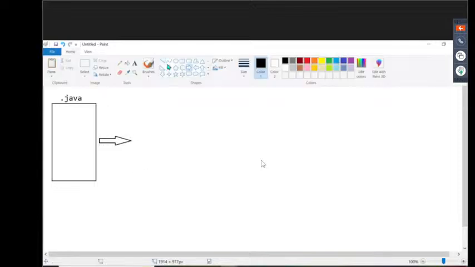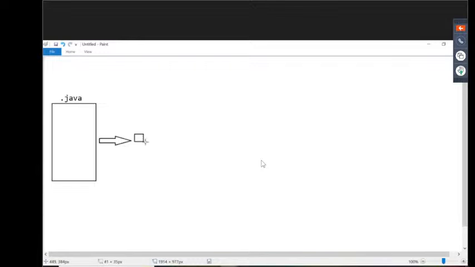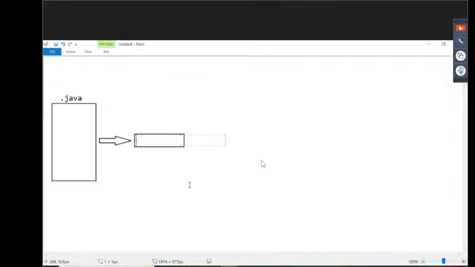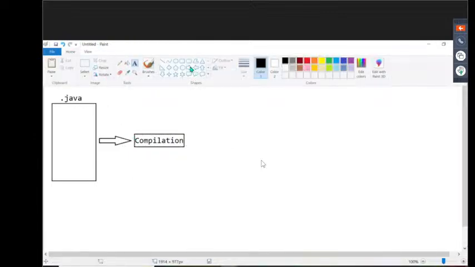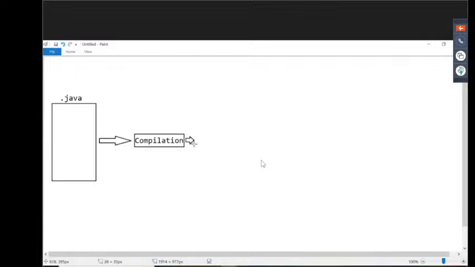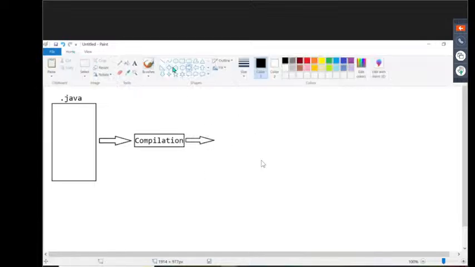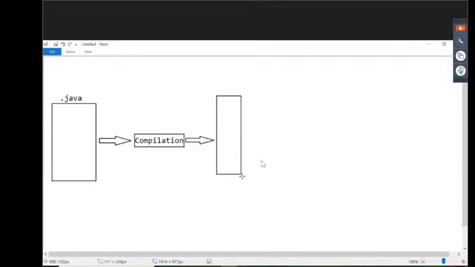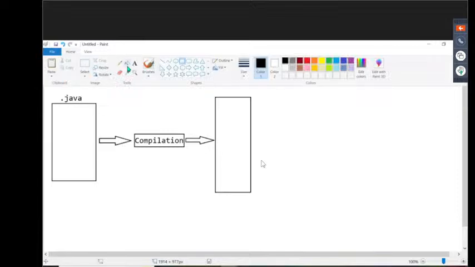For this .java file, I need to perform compilation. First of all, I want to prepare this diagram as per the definition. The Java file we are getting, and next is compilation. Whenever we are performing compilation, listen carefully, here we are able to get class files.